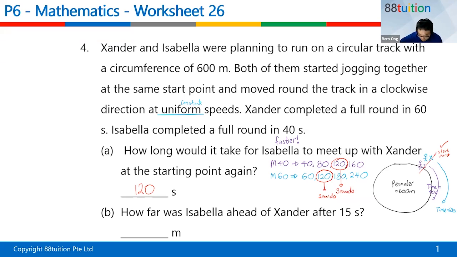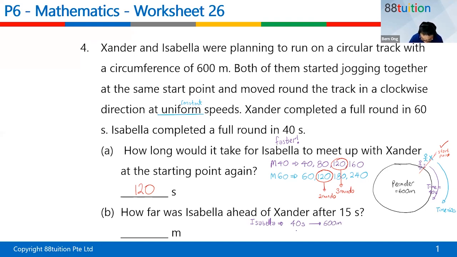How far? All right, so this question is actually quite easy. Don't think so much. So let's talk about Isabella first. Isabella required 40 seconds to complete 600 meters. So after 15 seconds, we can find 15 seconds.